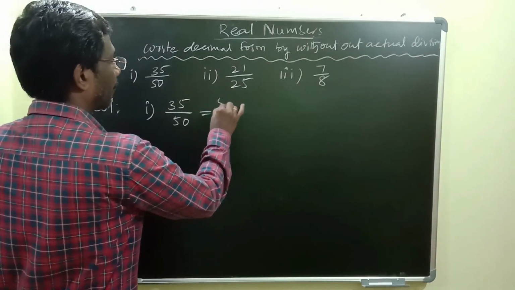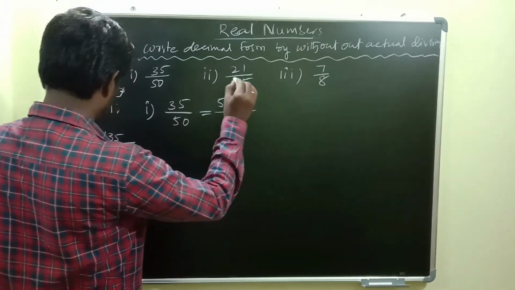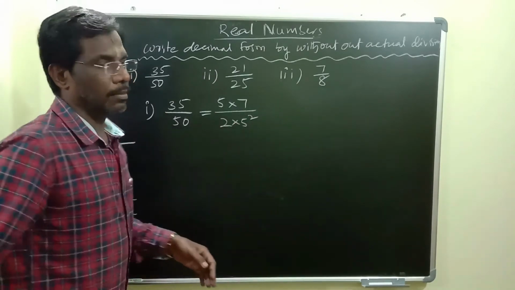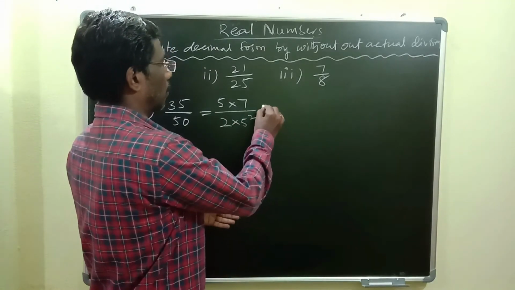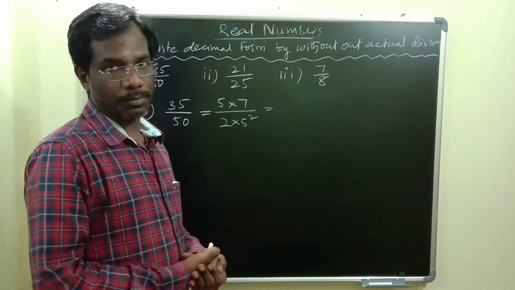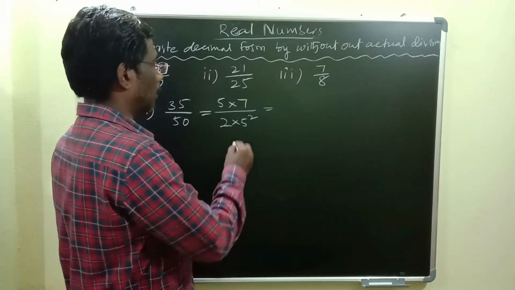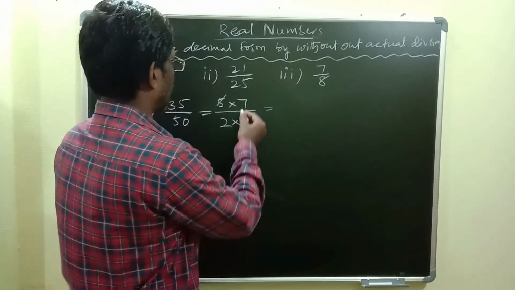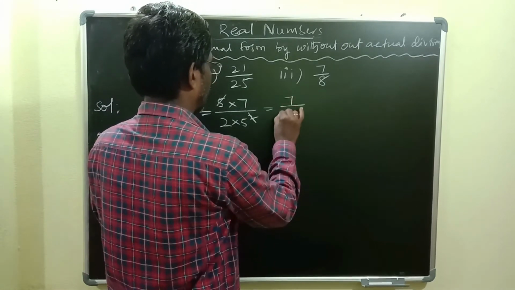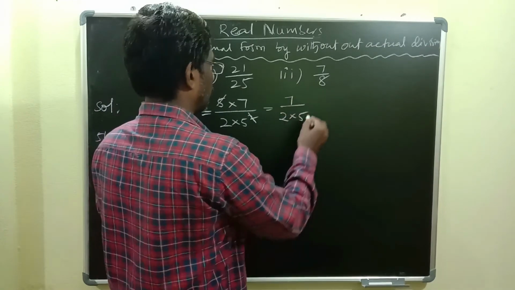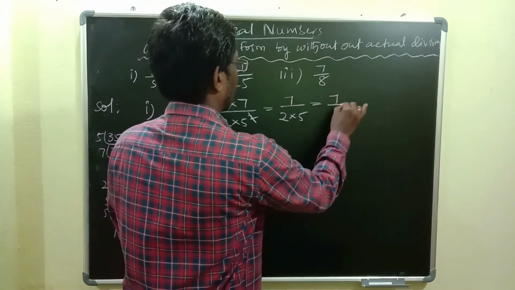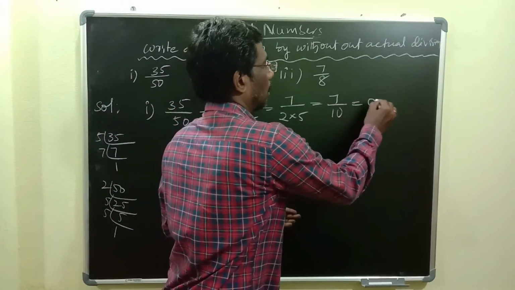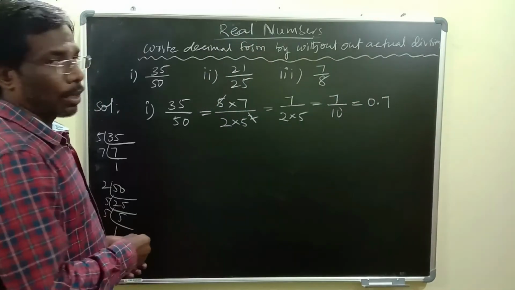So this is 5 into 7, and this is 2 into 5 square. Here we can cancel the 5 with this 5. What remains is 7 by 2 into 5, which equals 7 by 10, which is 0.7. Now the second question.